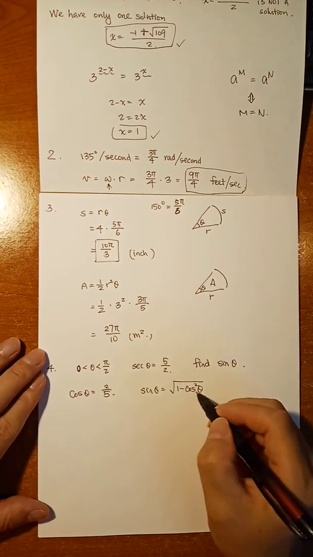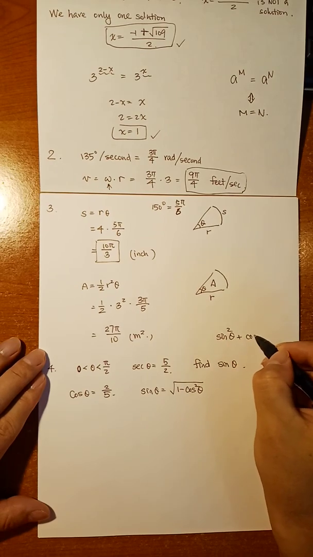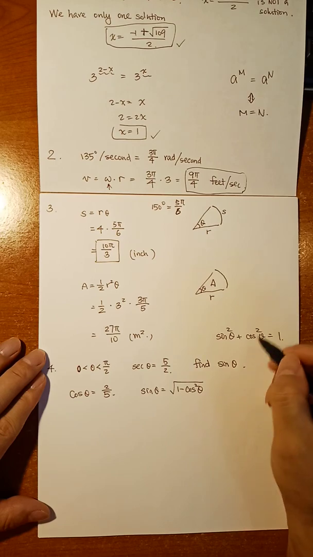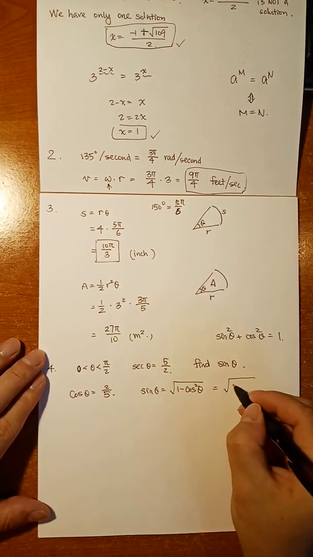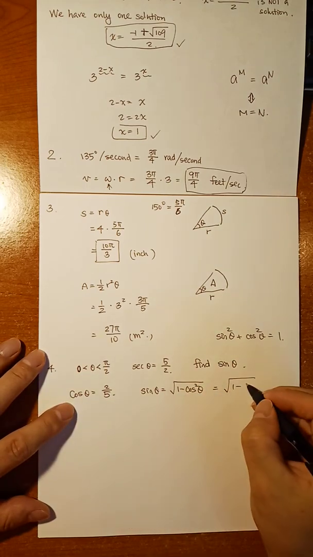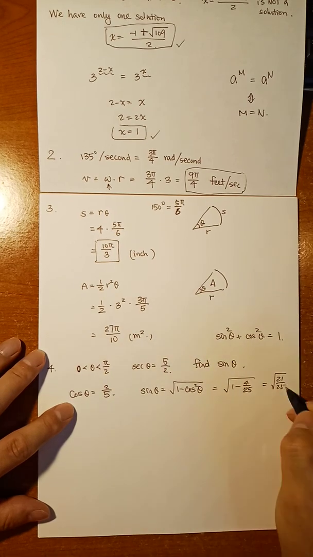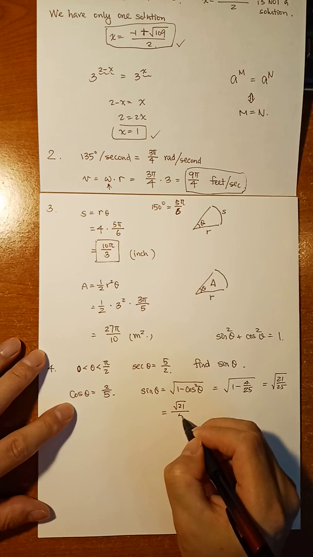This formula comes from sine squared plus cosine squared equals 1. You move cosine squared to the right side and take the square root. It's the positive square root. So it's the square root of 1 minus 4 over 25, so the square root of 21 over 25. You can leave it like this, or you can write it as square root 21 over 5.